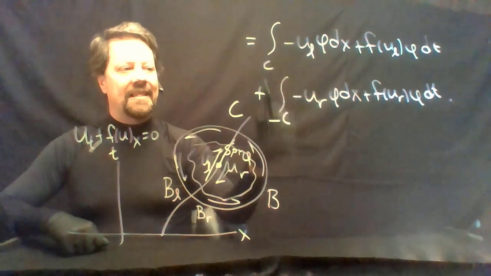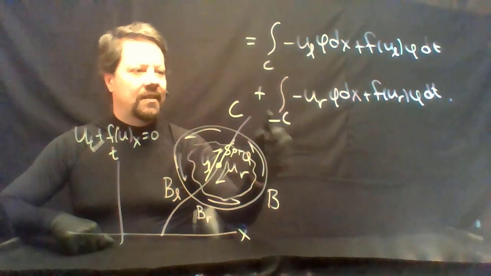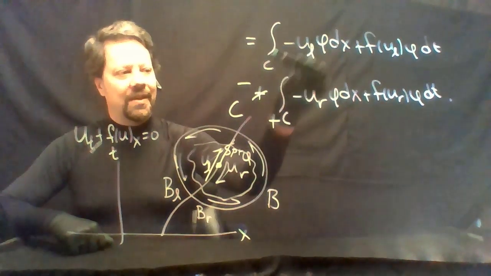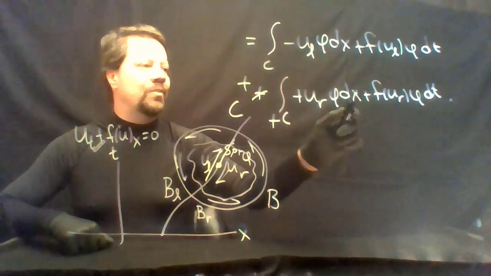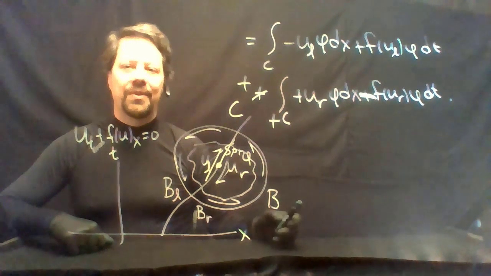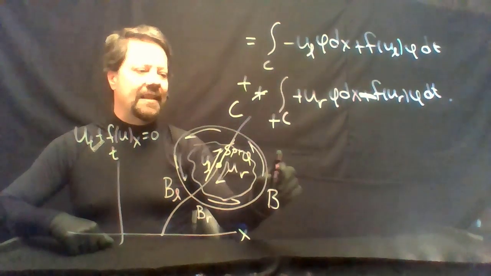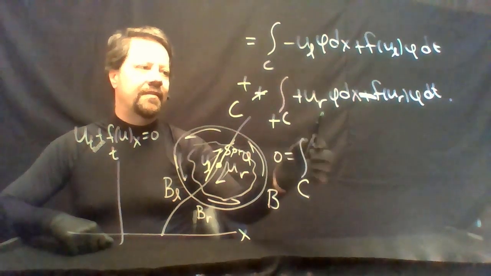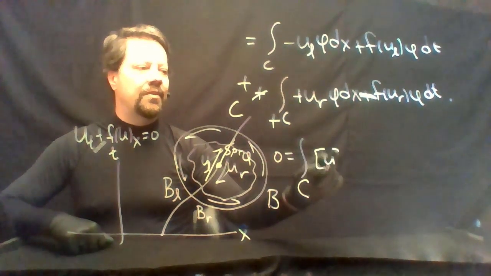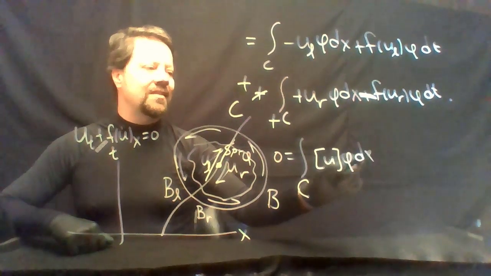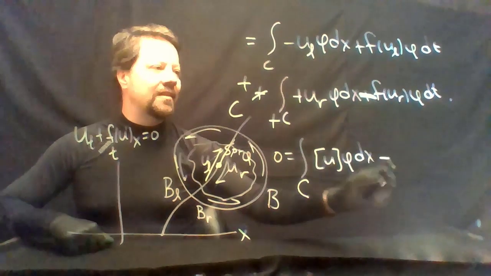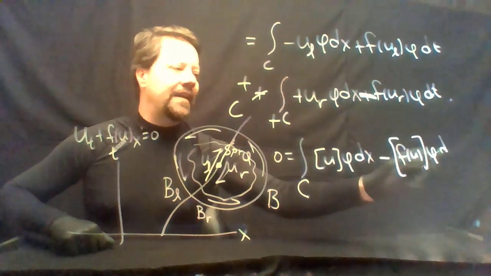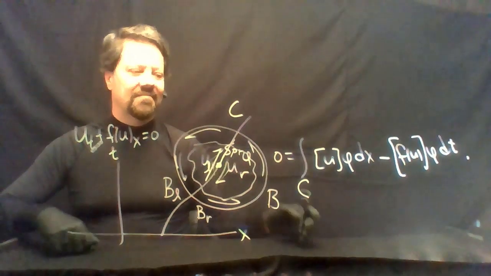In order to combine these two integrals into one, we need to reverse the orientation on the second integral, so the orientations match. We'll distribute a minus through. When we combine these, we get 0 is the integral on c of the jump in u, phi dx, minus the jump in f of u, phi dt.